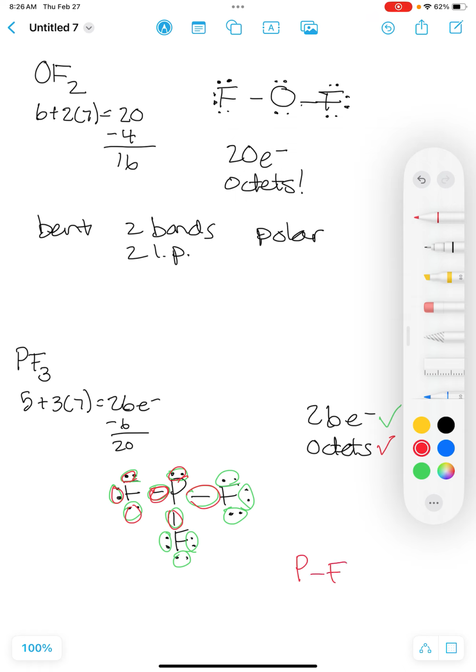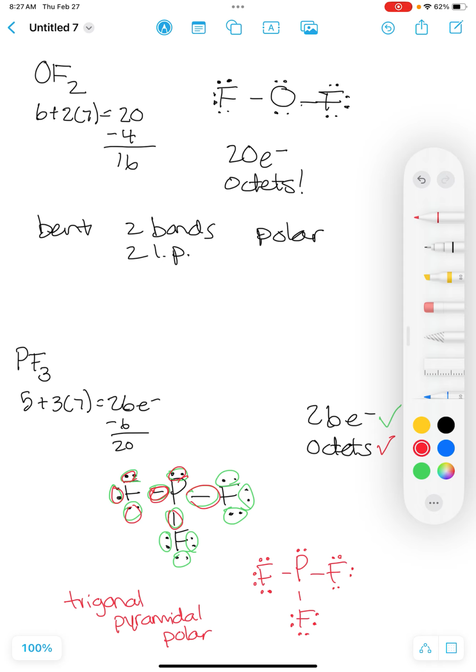P, F, F. And that structure would be PF3. This is trigonal pyramidal, and it's going to be polar because of that lone pair of electrons on the central atom.